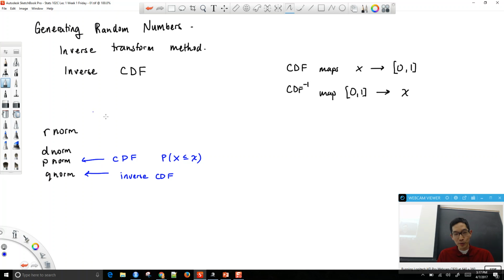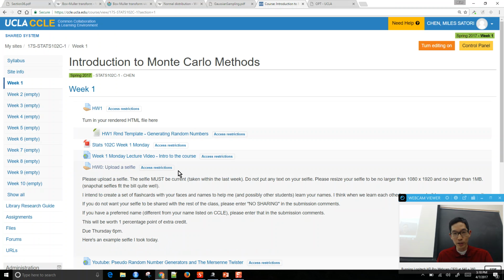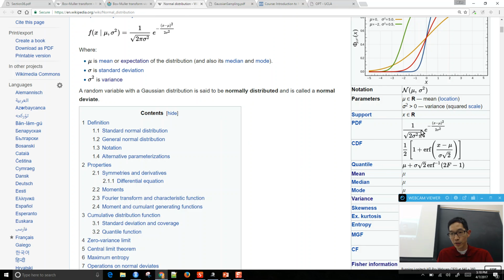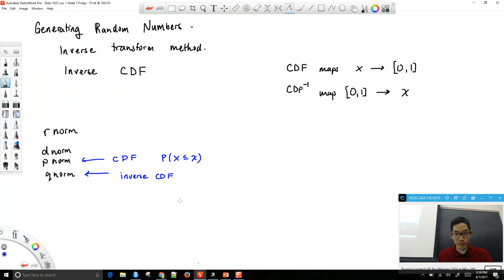But anyway, so we have pnorm and qnorm, and the math behind qnorm is actually very difficult, okay? Because if we look at the normal distribution here, this is the PDF, and the cumulative density function would be the integral from -infinity to whatever we're looking at of the PDF.